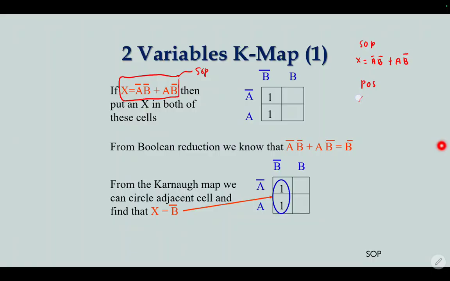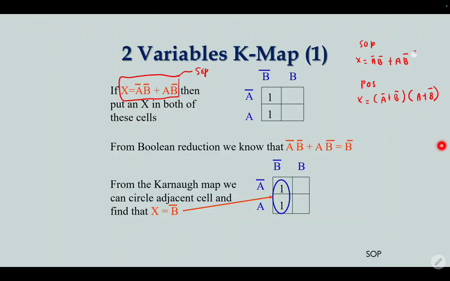For POS, you can have X equals to (A bar plus B bar) times (A plus B bar). So you can see that this is the difference between SOP and POS.